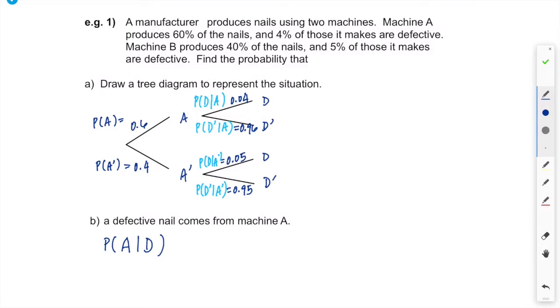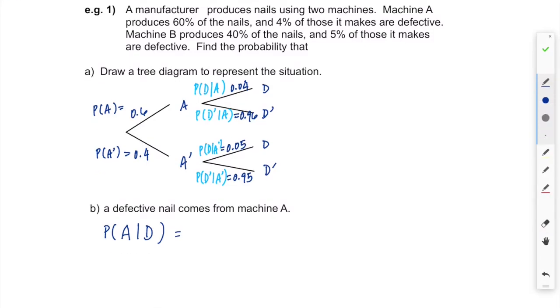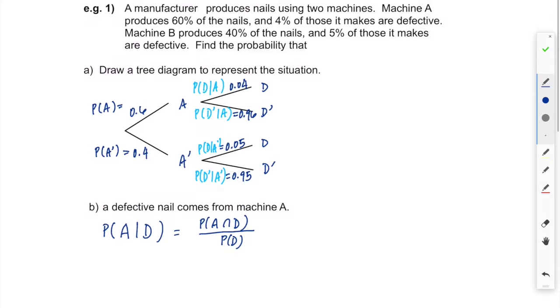This is conditional probability, so we're looking for P of A and D, right, over P of D, which can be expanded into the denominator. At least let's see it for once.